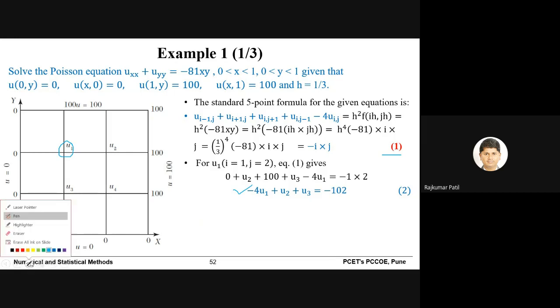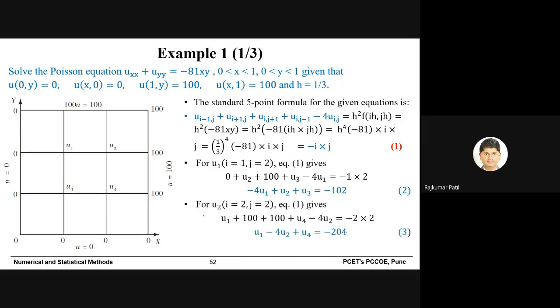If you still didn't understand this, let's start with point u2. We have to prepare the equation for u2, and for that we are using the standard 5-point formula, which is given by equation number 1. Now we know the location of u2, so its i value will be 2. So this will be 0, 1, 2. So we can say i equal to 2 and j equal to 2.